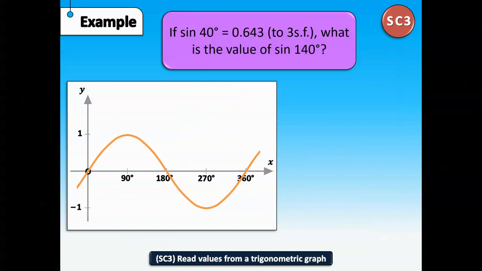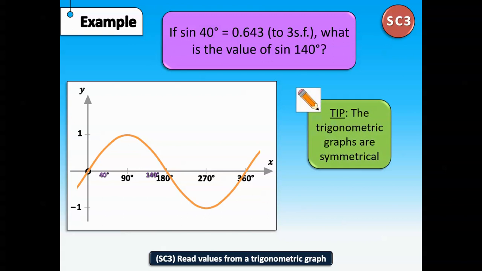So if sine 40 is 0.643, what is the value of sine 140? Well, if we look at where 140 degrees and 40 degrees are, and we know that the graph is symmetrical, sine 140 will be exactly the same as sine 40.